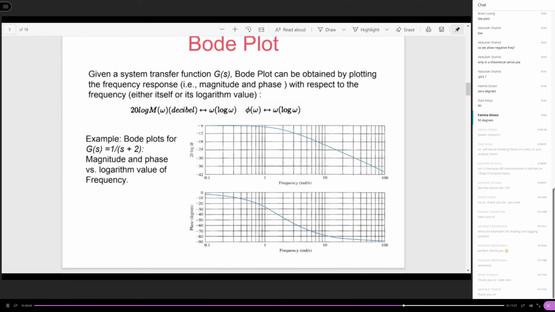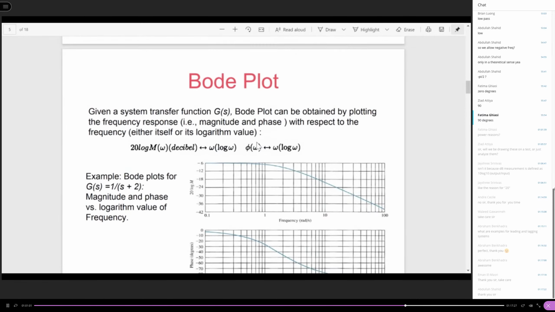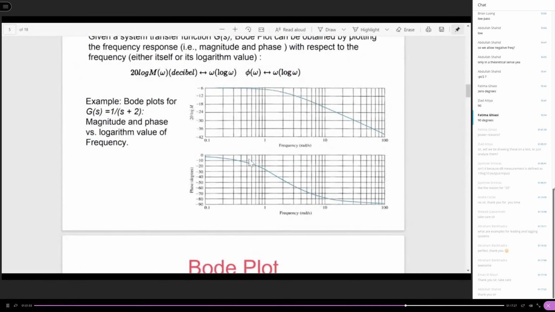So if you want to evaluate a cascade system's frequency response under the logarithm operation, you have a lot of advantage because you only need to do addition, not the product. Later on, when we talk about system analysis, you're going to see the advantage. So this is one reason that we use the log.